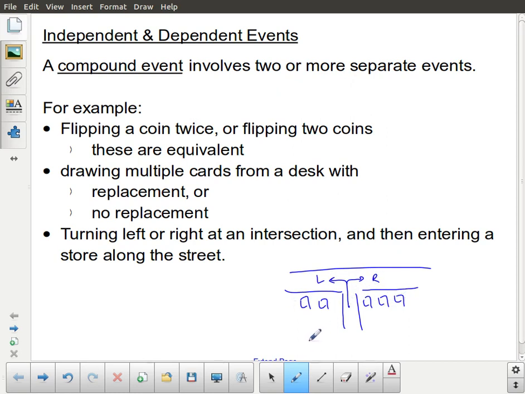So I could create a compound event based on whether you choose store 1, 2, 3, 4, or 5. There are all sorts of ways to create a compound event, and unless situations are incredibly simple, like flipping a coin, rolling a die, or drawing a single card, most events that we deal with are compound events.